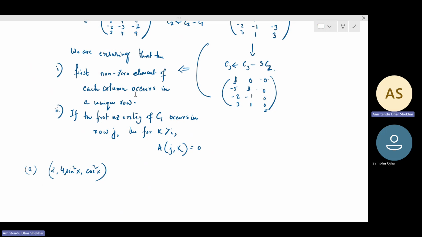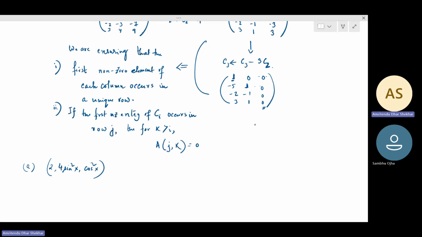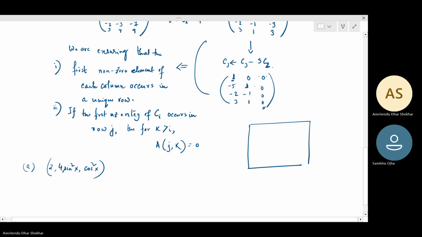Yeah. So the first part is basically like this. Let me tell you what this matrix will kind of look like. For each column, you look at where the first non-zero entry of that column occurs.